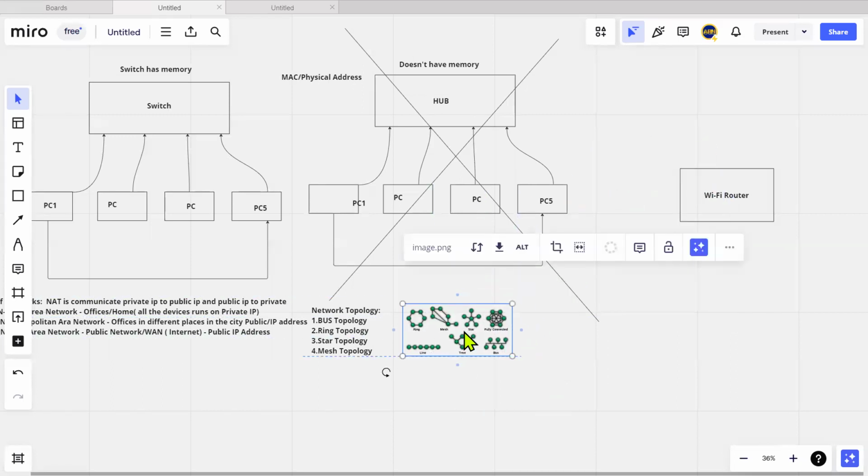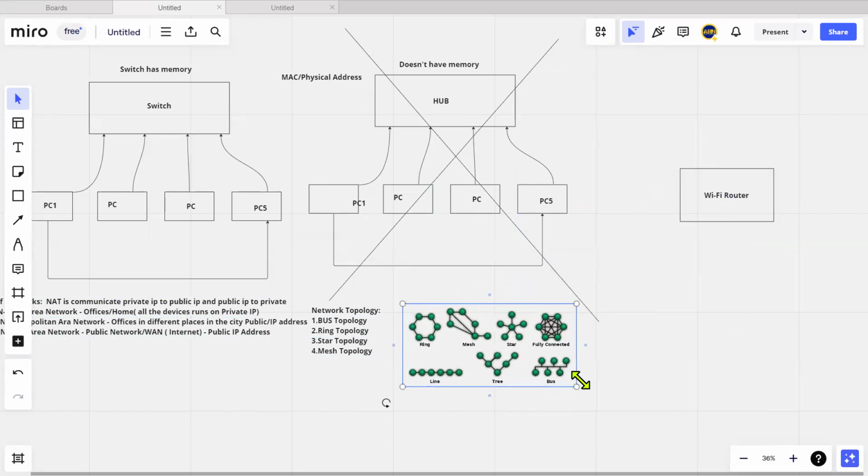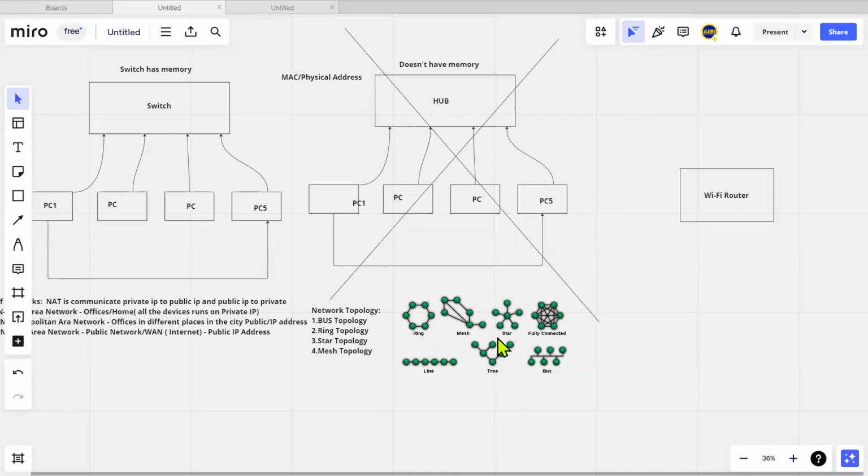So these are the network topologies. We are using star topology. Bus, ring, mesh we are not using. These are the old designs or old topologies, which we are not using right now. We are using star topology more.